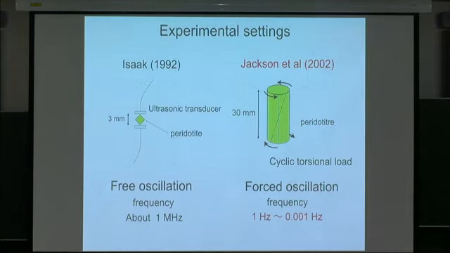Isaak used a free oscillation of a small peridotite sample at about ultrasonic frequencies. In contrast, Jackson et al. used a forced oscillation test. A cylindrical sample of peridotite was deformed in torsion slowly, from 1 hertz to 1 millihertz.